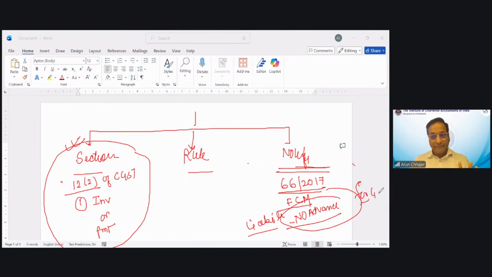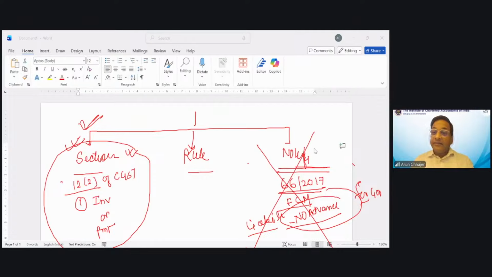Correct? Yes. Now, tomorrow, let's say they remove that notification. Then what happens? It will be applicable, so it will be payment or invoice, whichever is earlier. Now, why they have mentioned it: because the GST law section has not been omitted, they still have the same section.